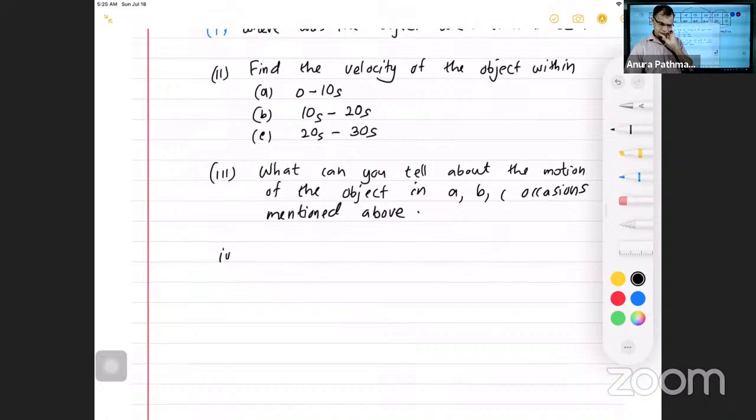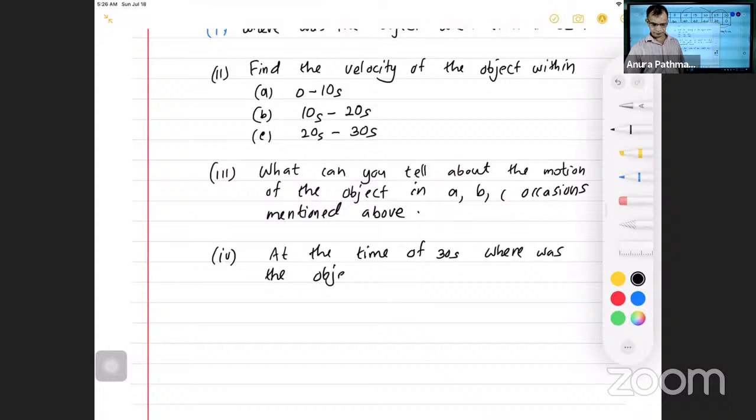Photo. At the time of 30 seconds, where was the object?